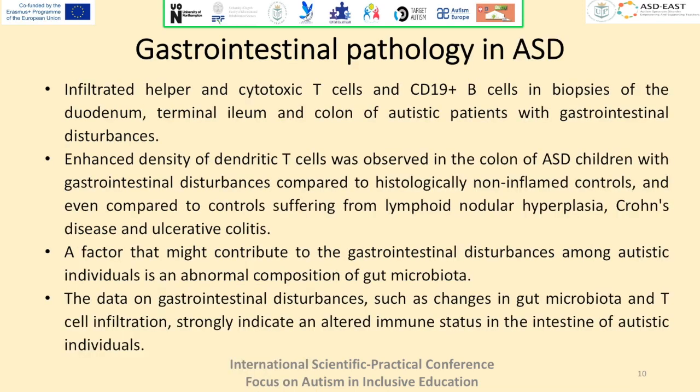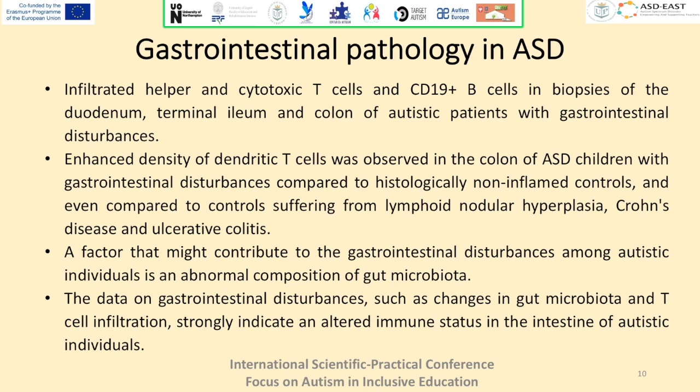What is the gastrointestinal pathology in ASD? There are pathologists who find infiltrated helper and cytotoxic T cells and CD19 B cells in biopsies of the duodenum, terminal ileum, and colon of autistic patients with gastrointestinal disturbances. Enhanced density of dendritic T cells was observed in the colon of ASD children with gastrointestinal disturbances compared to histologically non-inflamed controls, and even compared to controls suffering from lymphoid nodular hyperplasia, Crohn's disease, and ulcerative colitis as well.